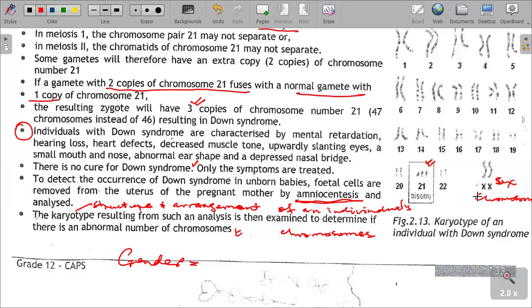For that, you consider chromosome 23. If it is a male, you should know that we have a long chromosome and also a short chromosome.